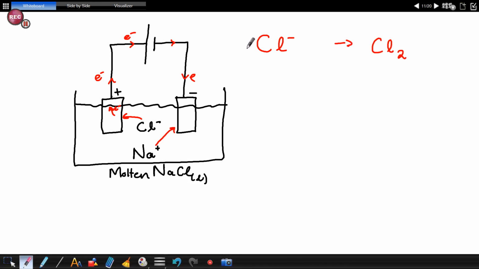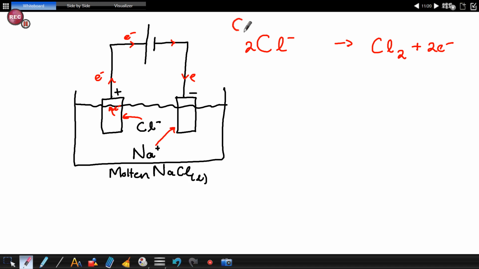Two chlorides will change into chlorine molecules, and two electrons will be given off. This process is called reduction. No, oxidation. What is wrong with us on this Friday morning?